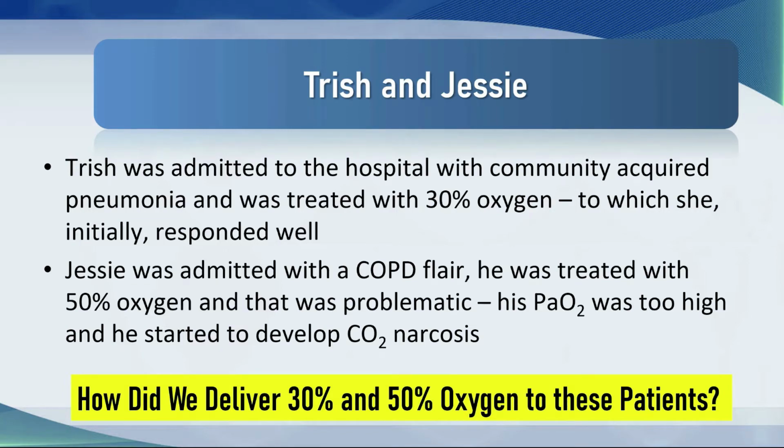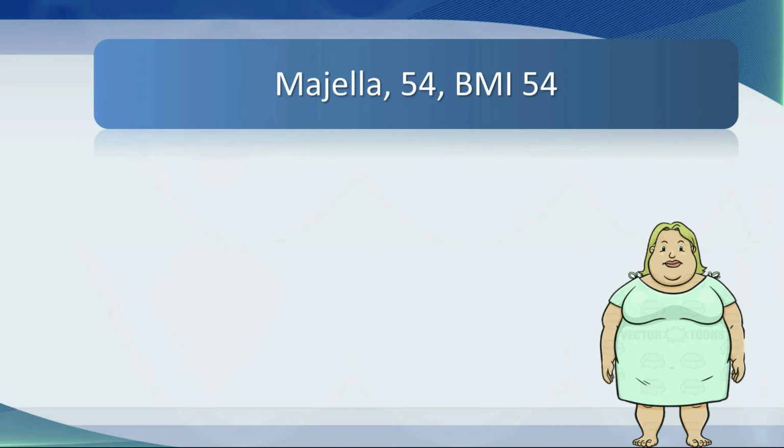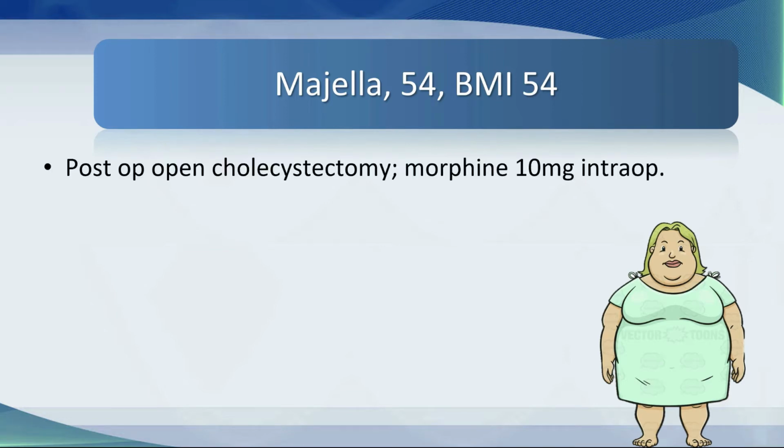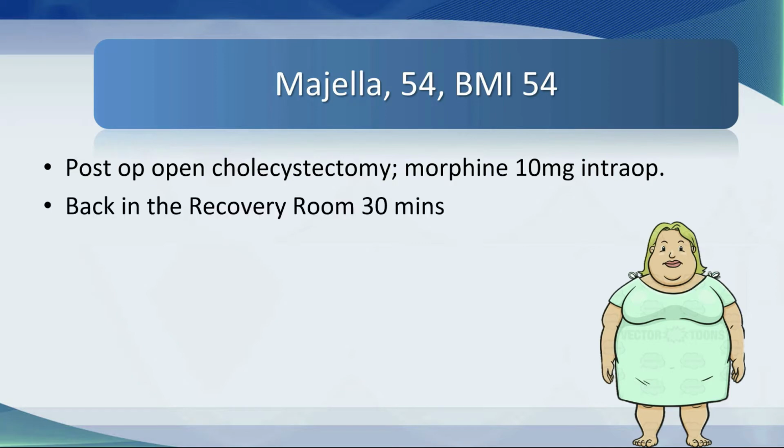We will also discuss another scenario. You're in the recovery room and you encounter Magella, and we will encounter Magella a few times. She's 54 years old and has a body mass index of 54, so she has obesity. She's post-operative and she had a cholecystectomy, and intraoperatively she got 10 milligrams of morphine, has been back in the recovery room for 30 minutes, very sleepy.